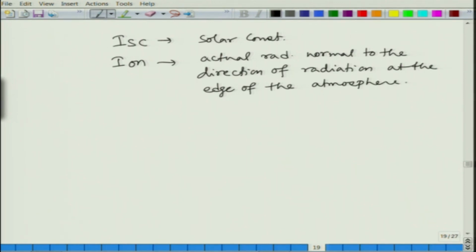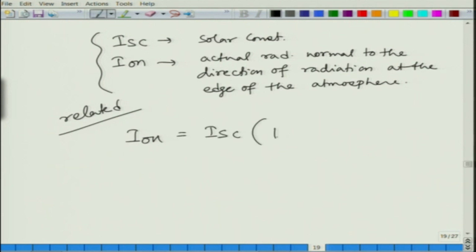Okay. So, they have to be related, right. What is that relation? Again, lot of effort went into that, and ultimately what relation we got is the following. So, let me first write, then I will explain. Okay. So, this is the relationship we get for the ION which is called the extraterrestrial radiation, and ISC which is the solar constant. Okay.